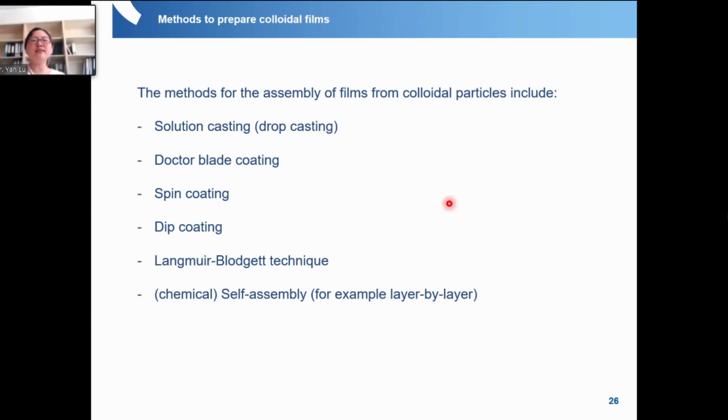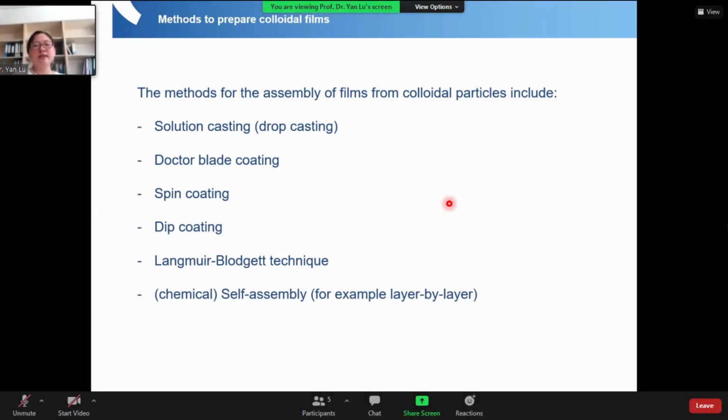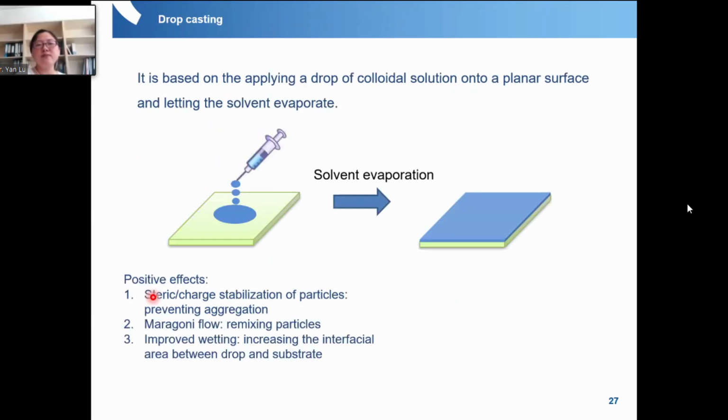So this is the mechanism of how to form polymer colloidal films. Then we can go through the different methods of how to assemble such films from colloidal particles. We will go through these methods today, and we start from the simplest one, drop casting.